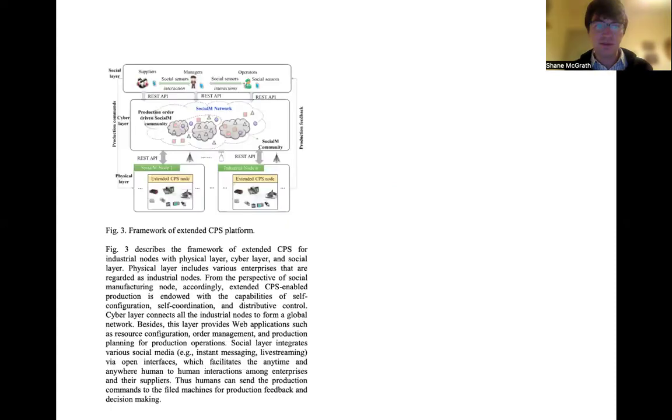Cool. So the next one is the extended cyber physical platform. The picture here describes what a cyber physical platform looks like. So this is your digital twins essentially. Similar to the manufacturer nodes, the suppliers, the managers, and the operators are all connected to a social network where they can send instant messages and live streaming.